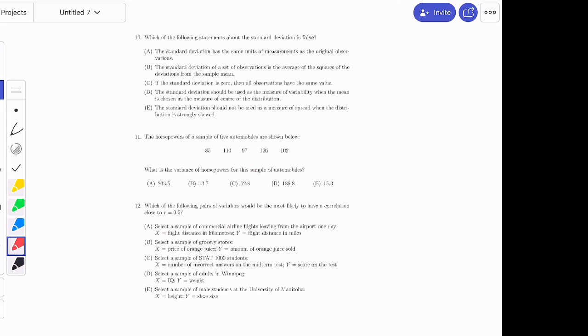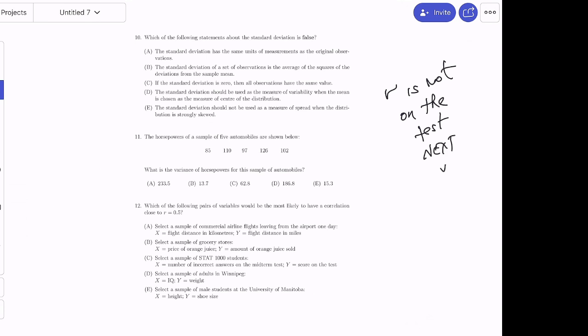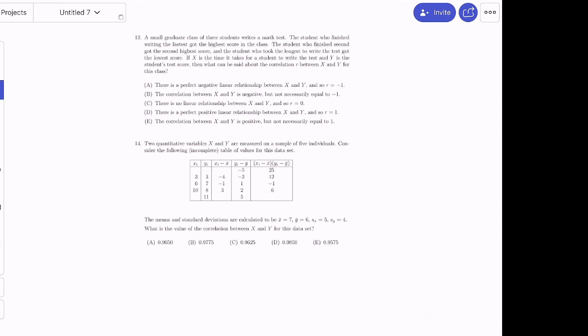I can ask you about scatter plots, but I can't ask you about calculating R, because we didn't cover that yet. That will be the subject of next week.